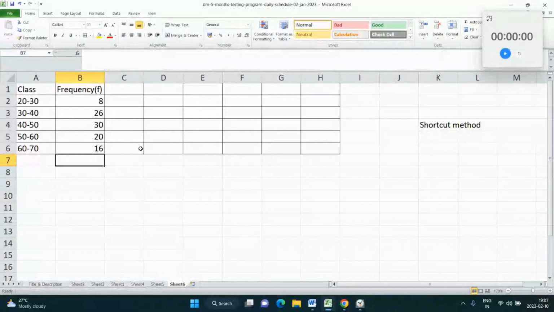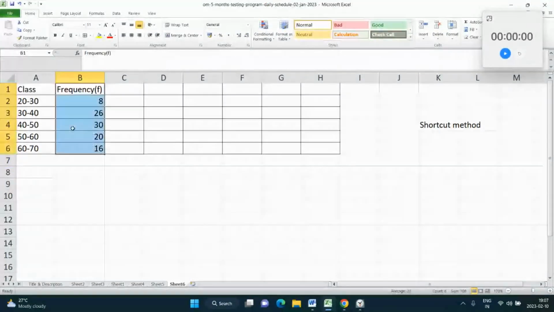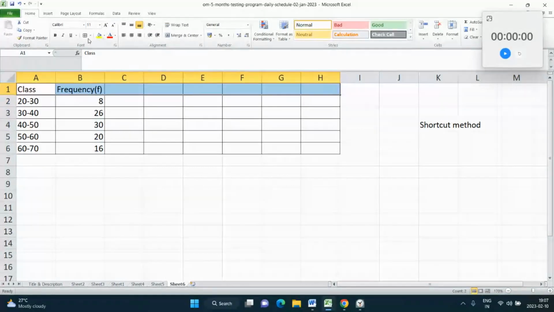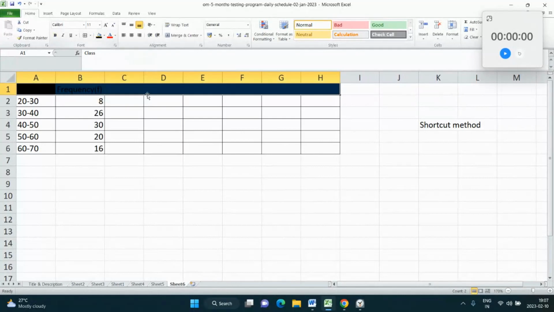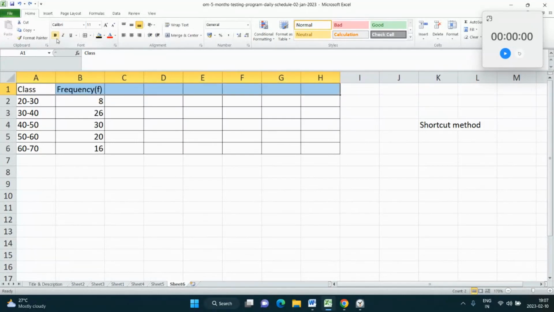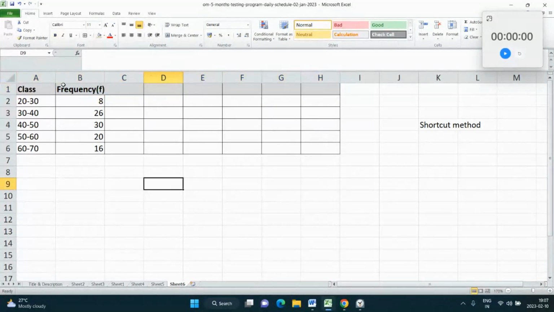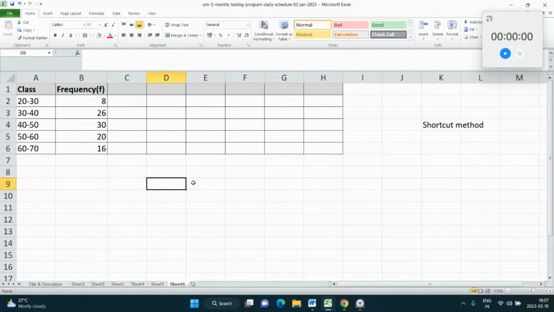So you have the frequency here. You have the class interval here. I am going to use a shortcut method calculating the arithmetic mean. In shortcut method, you need to have an assumed mean.